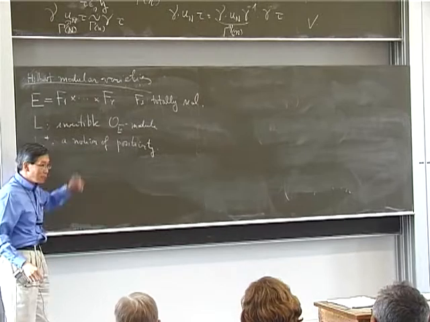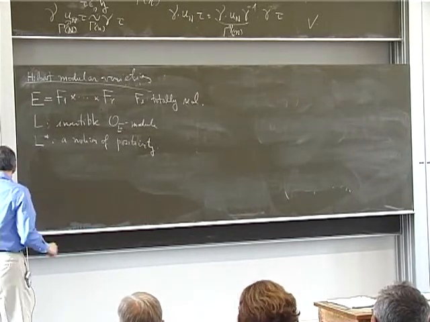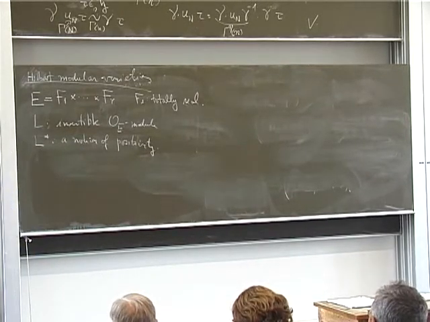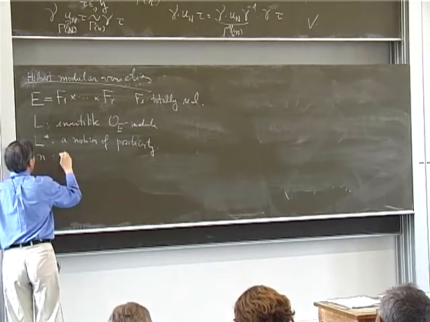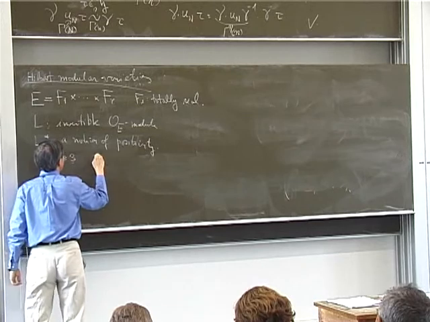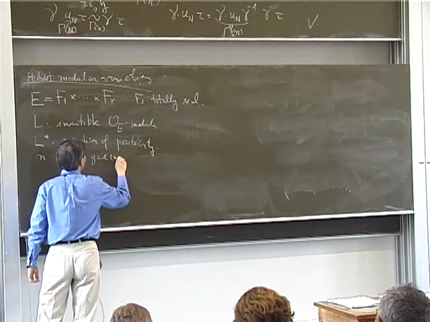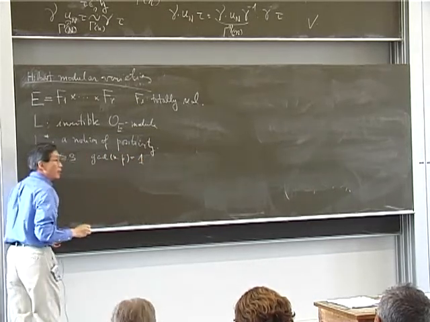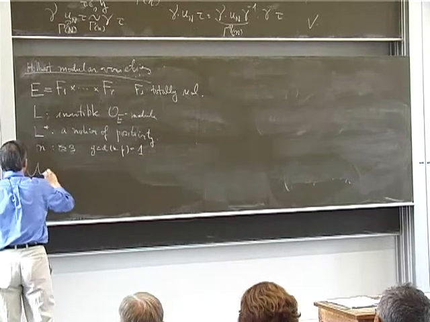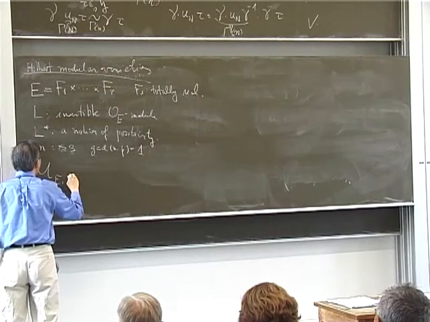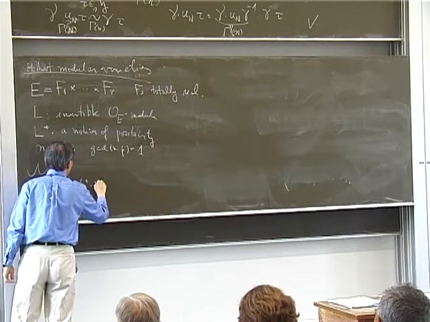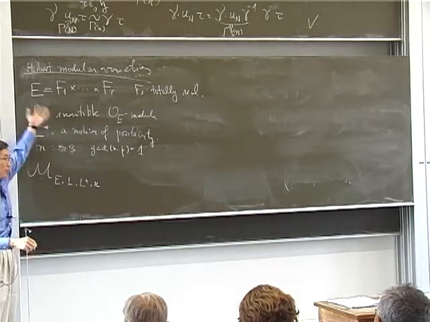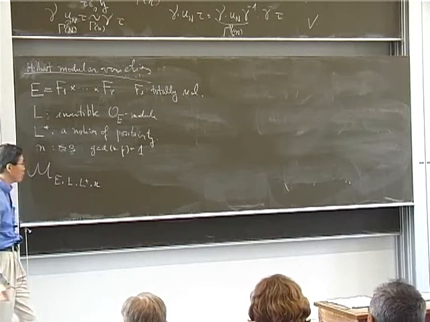This makes sense because of the totally real assumption. And then n is bigger than or equal to 3, prime to p. Now the Hilbert modular variety is denoted by the input data, so it's indexed by the input data.